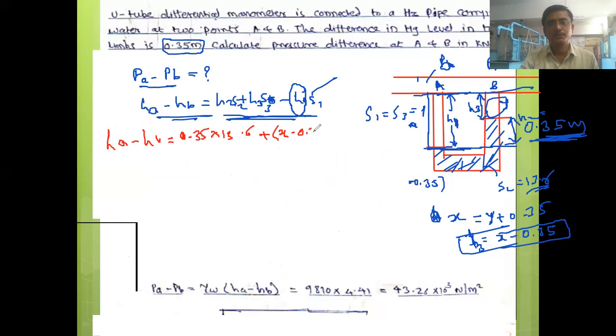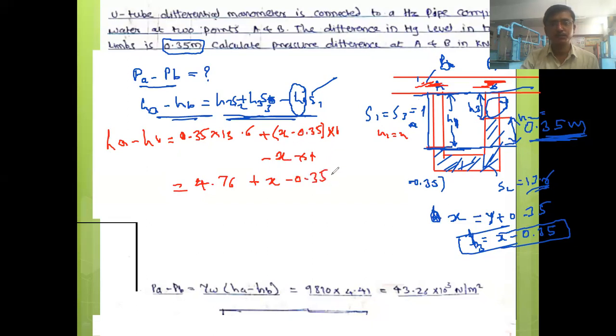X minus 0.35, right? S3 is 1, minus H1, it is X. So we have written here H1 is equal to X. X into S1, which is 1 because water is the same fluid here and here, because the same pipe is there. So here it is equal to 0.35 into 13.6. I will get here the value 4.76 plus X minus 0.35.